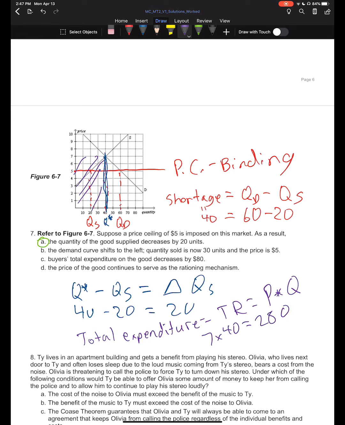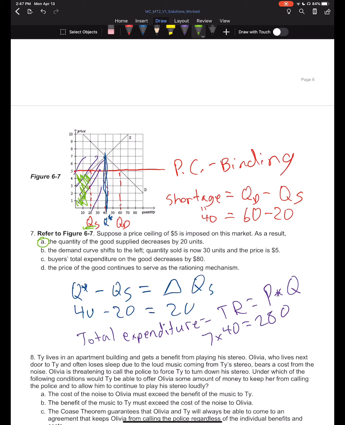280. And then we would have to find the new total expenditure. Well, how much can they actually spend now that we've moved the quantity supplied down to 20? Well, now they're paying a price of 5 because that's where our price ceiling is.